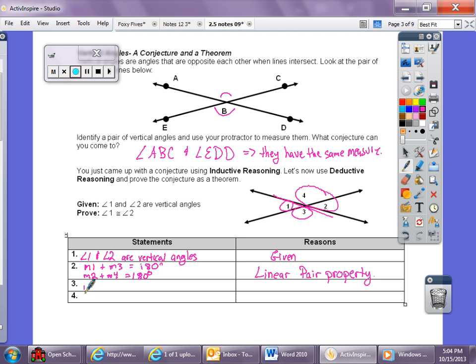We can say that the measure of angle 1 plus the measure of angle 3 equals the measure of angle 2 plus the measure of angle 4. I forgot to put the angle symbols in here. We can say this because of our substitution property.